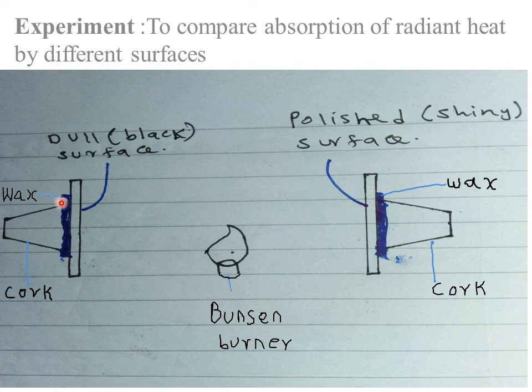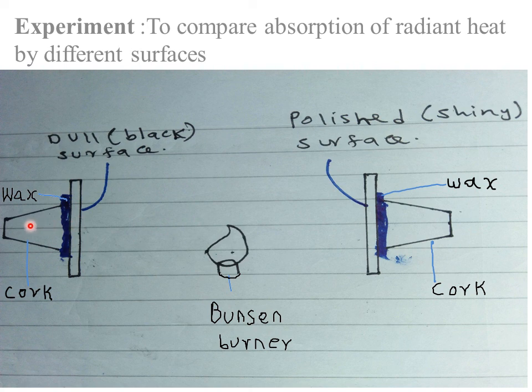We also need wax and two corks, one on each surface. The apparatus are arranged as shown in this diagram, such that the wax is used to glue or hold the corks onto the surfaces.